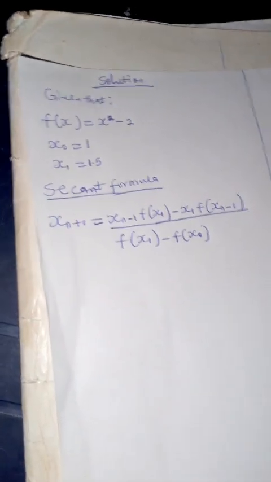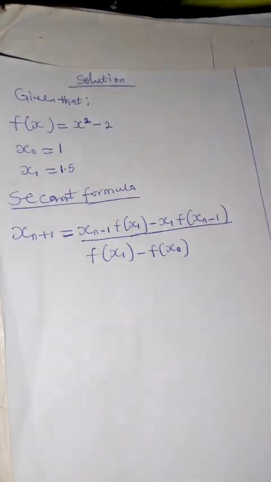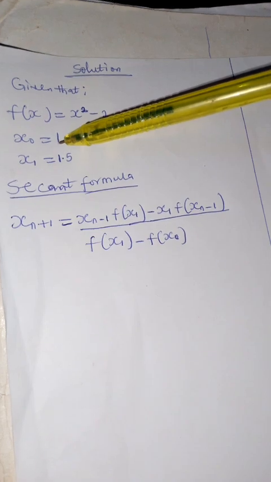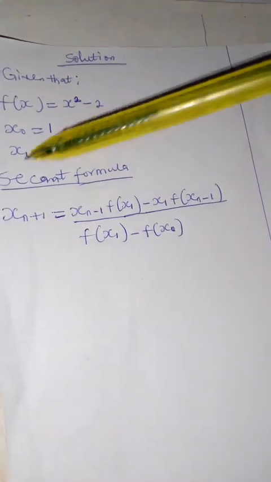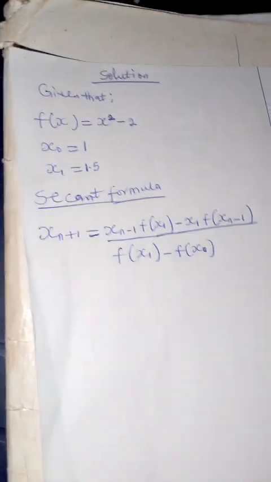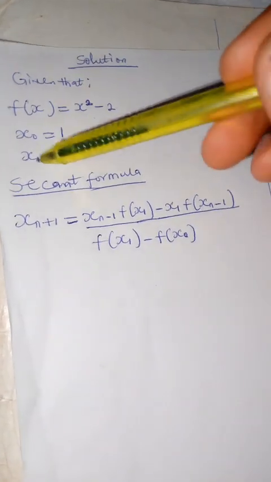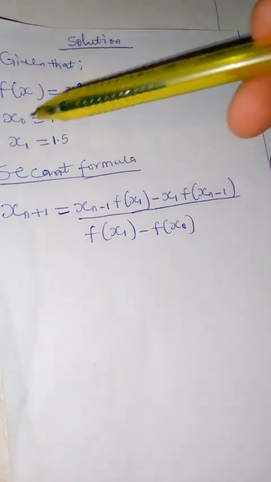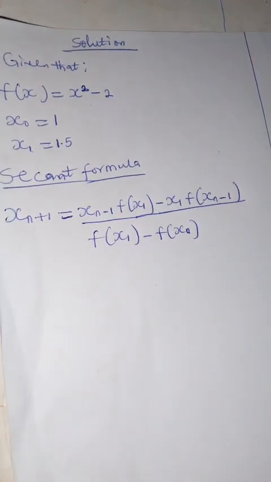Now, in the question, we have x0, we have x1. Both are given. So we're going to start from the second iteration, since it's assumed that x1 is the first iteration and x2 is the second iteration.